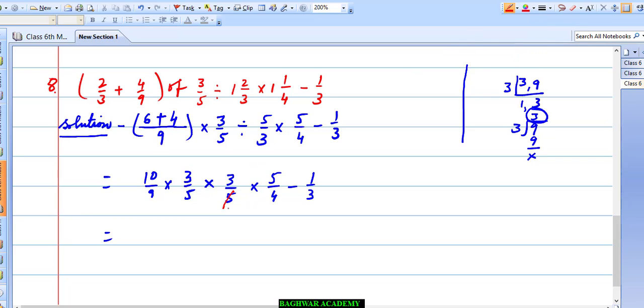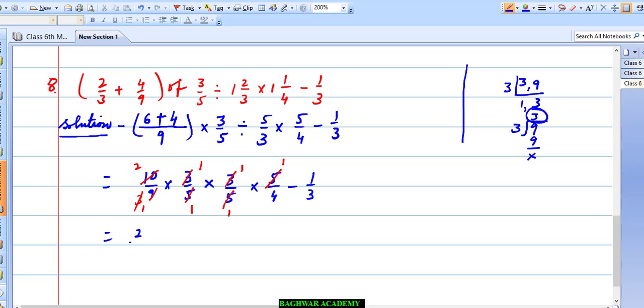5 1s are 5 and 5 1s are 5 has been cancelled. 5 1s are 5 and 5 2s are 10. 3 1s are 3, 3 3s are 9, and again 3 1s are 3 and 3 1s are 3. So finally in this portion you have got 2 1 1 1 in the numerator. So we will write 2.